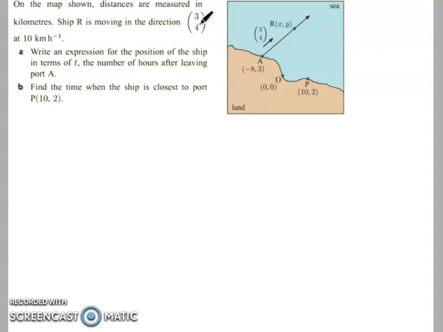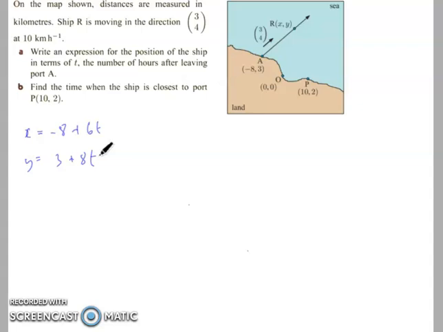If we were to write an expression for the ship in terms of t, let's do it in parametric form. We'd have the starting position, the x component is -8, and then plus, rather than 3, it'll be 6 times t, and for the y equation, we're starting at 3, and then once again doubling the 4, we've got 8t. That will give us the position of the ship at any time t.